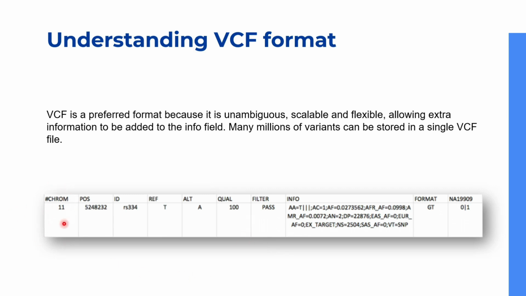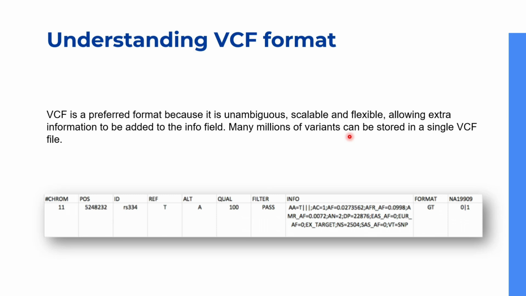It contains the chromosome, its position, its ID, its reference base and how it was changed, like thymine changed into adenine, quality, filter, information, format, and a lot of other things. Many millions of variants can be stored in a single VCF file.